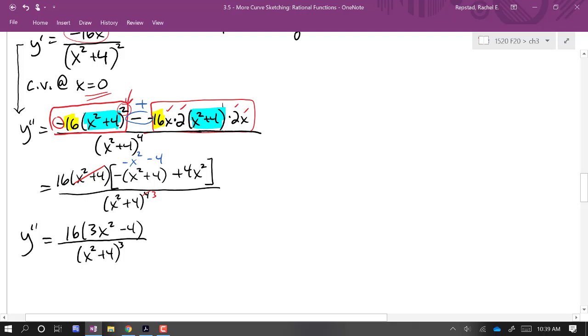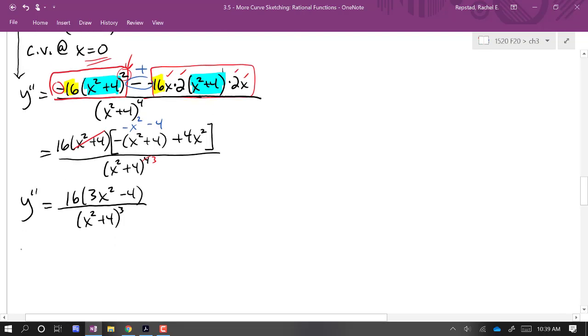3x squared minus 4 doesn't really factor because its roots are irrational, but it does have real roots, places where it's 0. So if we want to find where the second derivative is equal to 0, that's only going to happen when this factor, the 3x squared minus 4, is equal to 0. And so this means that 3x squared is equal to 4, so x squared is 4/3.